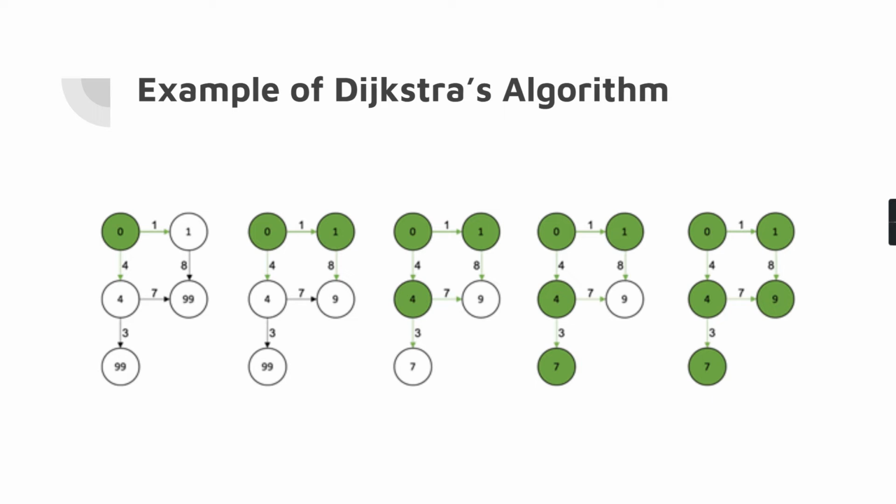We chose the node with a distance of 4, highlighted it green to show that it's been visited, and updated its neighbors to show that one of its neighbors now has a minimum distance of 7. We chose that neighbor with a minimum distance of 7, highlighted it green, and it didn't have any neighbors to update, and then we visited our final node. We now have visited all of our nodes and we're able to return that.